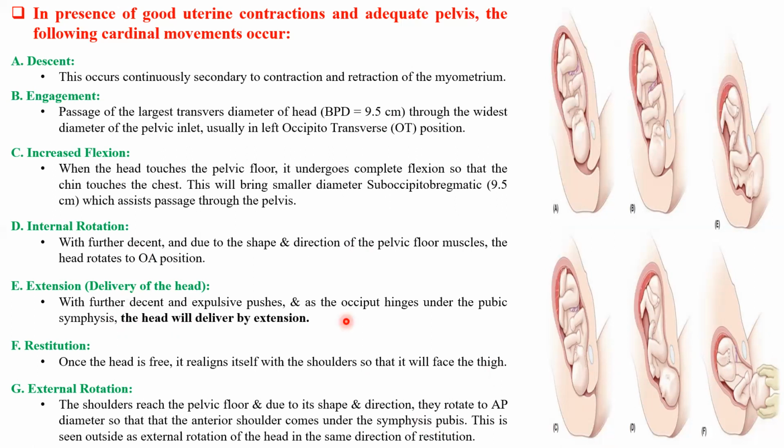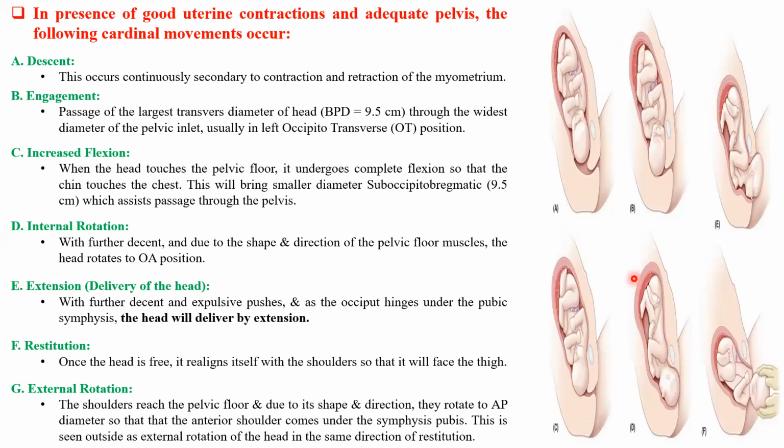Due to the shape and the direction of the pelvic floor muscle, they rotate into the anteroposterior diameter, and the anterior shoulder will be hinging below the symphysis pubis. The inside movement of the shoulder is moving from inside, but it will appear outside as an external rotation of the head, and the rotation will be in the same direction of restitution.